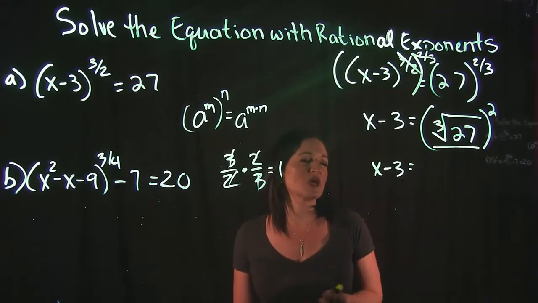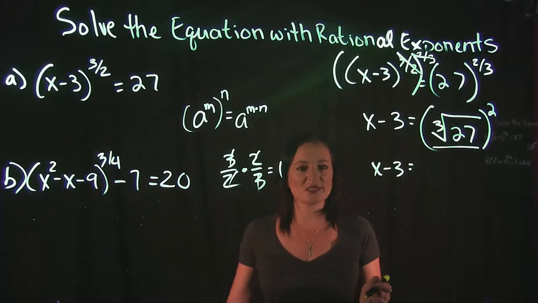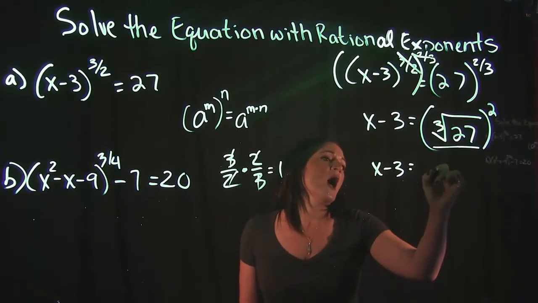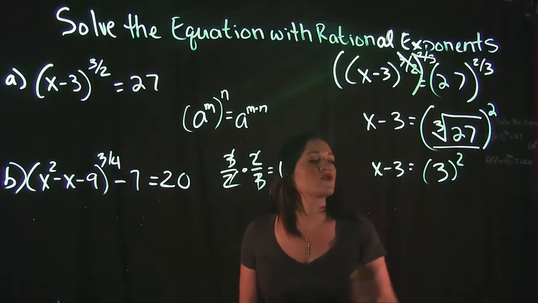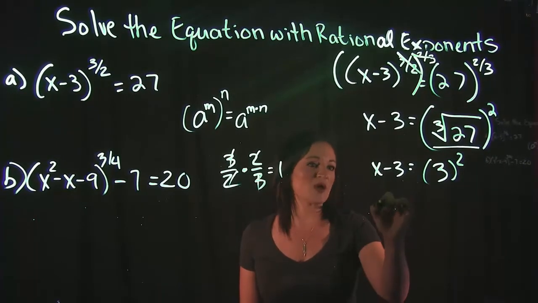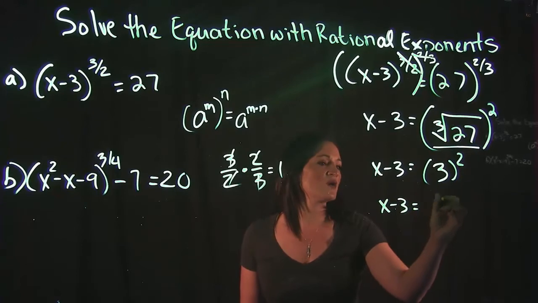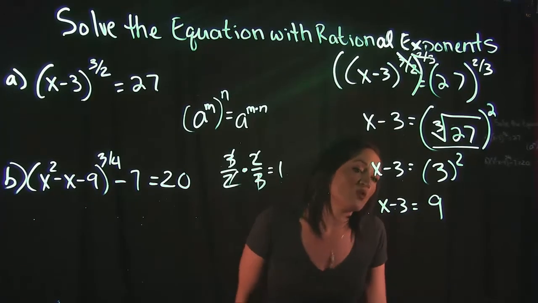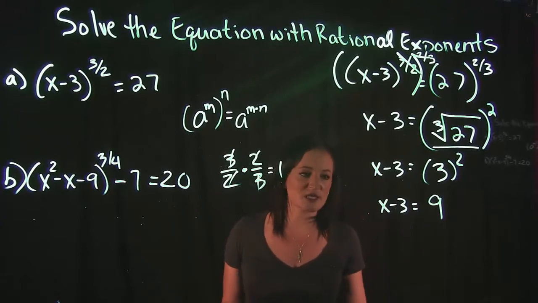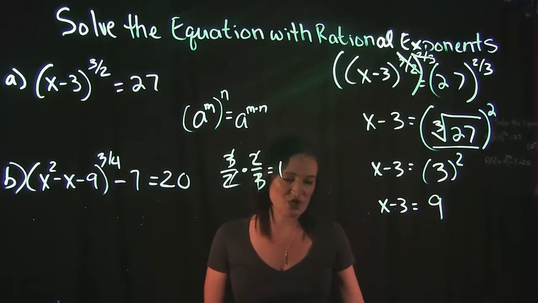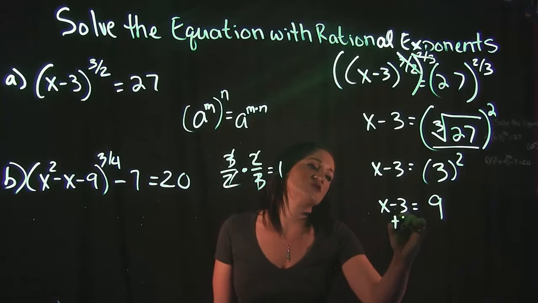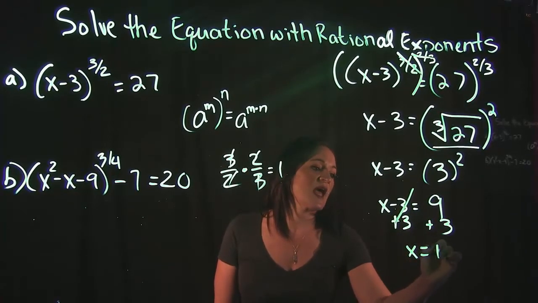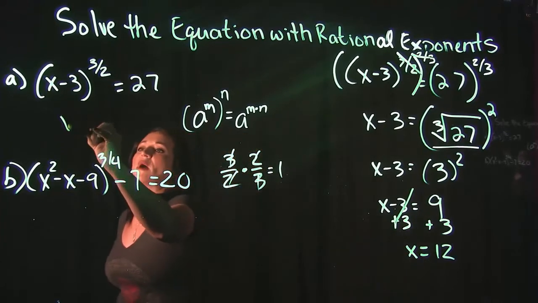The cube root of 27 is 3. 3 times 3 times 3 does give us 27. And then after that, we need to go ahead and square it. So 3 squared, 3 times 3, is equal to 9. You can see here this changes it to a one-step equation left to solve. All we have to do is add that 3 to both sides, giving us that x is equal to 12.